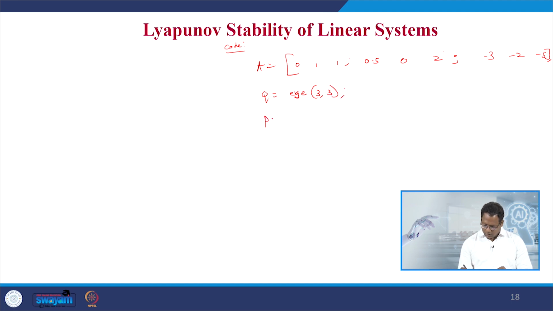Now, the P matrix can be obtained by the function lyap of A transpose comma Q, and then we get the eigenvalues of P, that is all.